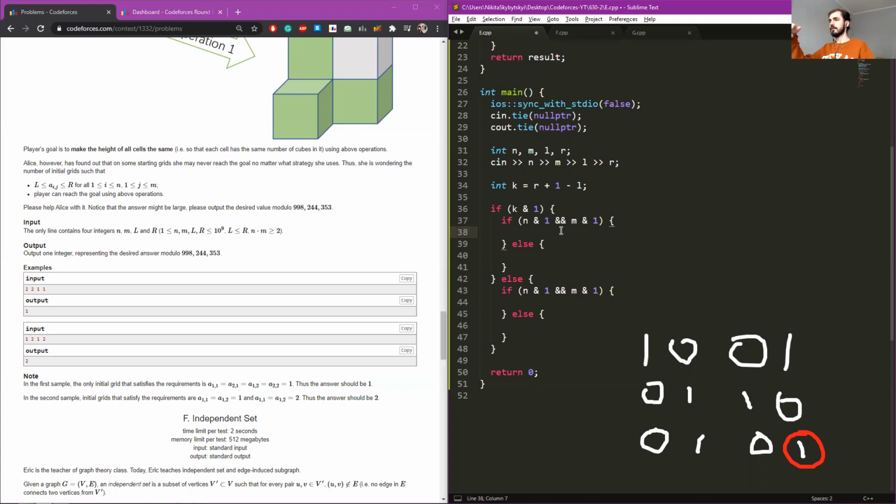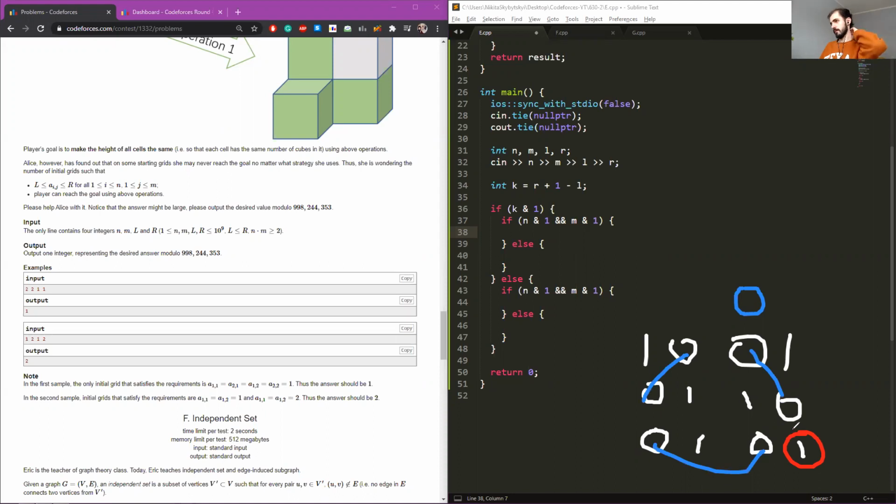Because we can change this pair, change this pair, change this pair. What if we have an extra 0 somewhere here? So we change this pair, this pair, this pair. Then we can change everything else in pairs. Yeah, we don't necessarily want to turn everything on. We can turn everything off. Right.